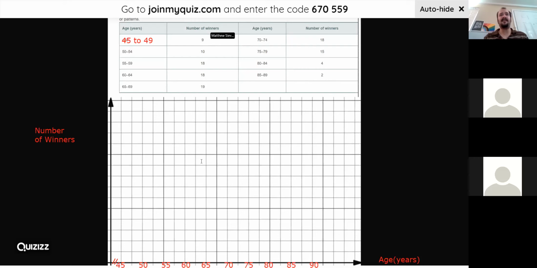This is 5, 10, 15. I think I'm going to have to go by 2 each time. 1's not going to get it. 2 will get it and give me some change there, I think. So 2, 4, 6, 8. This would be 20 then, right? Did I space these out correctly?